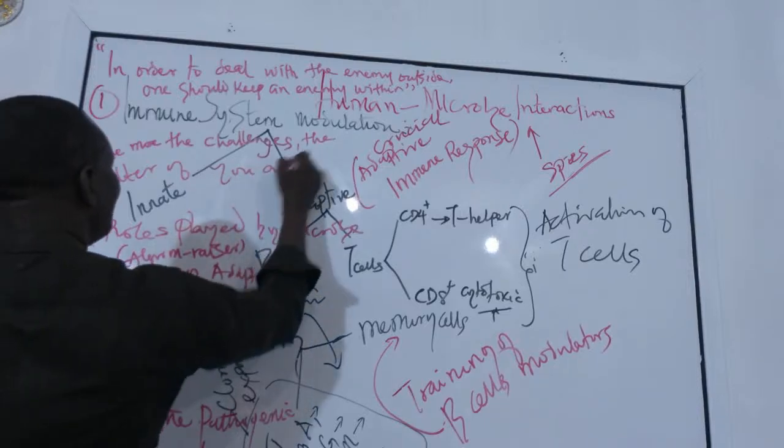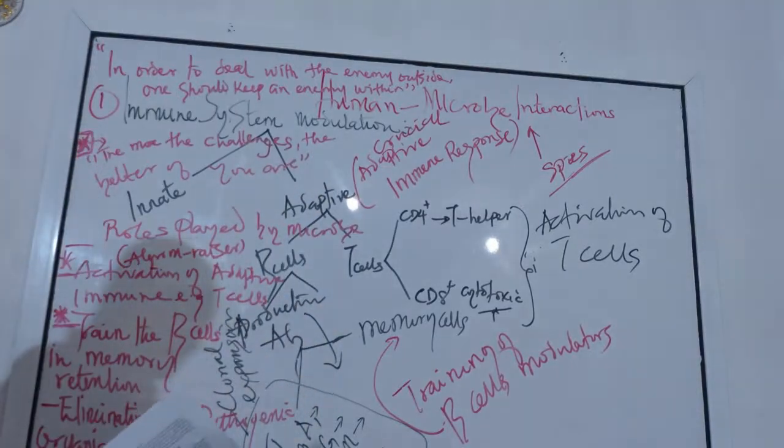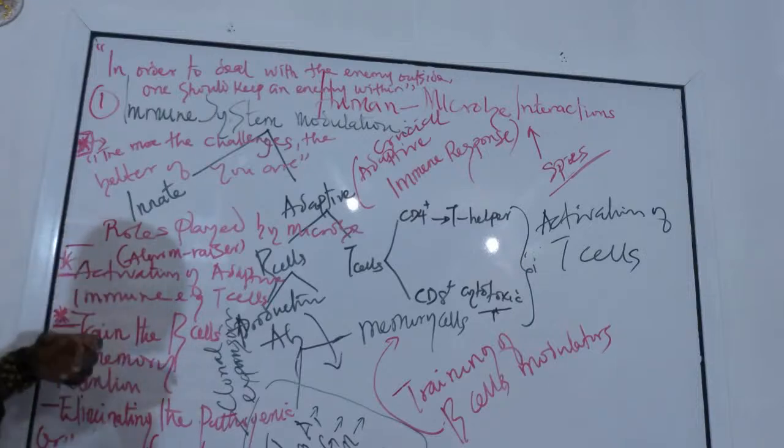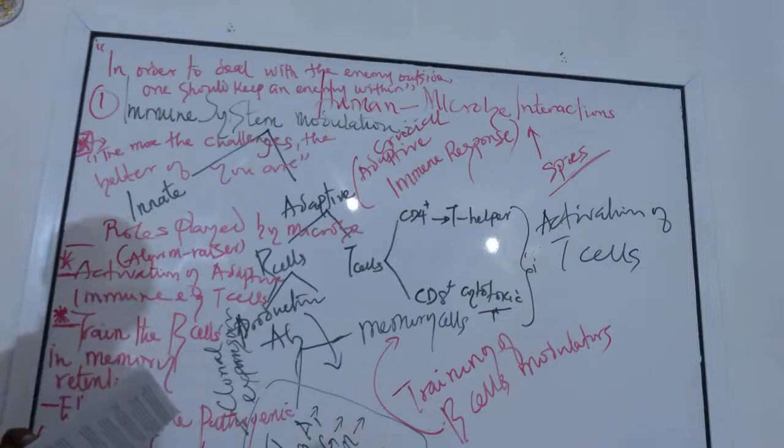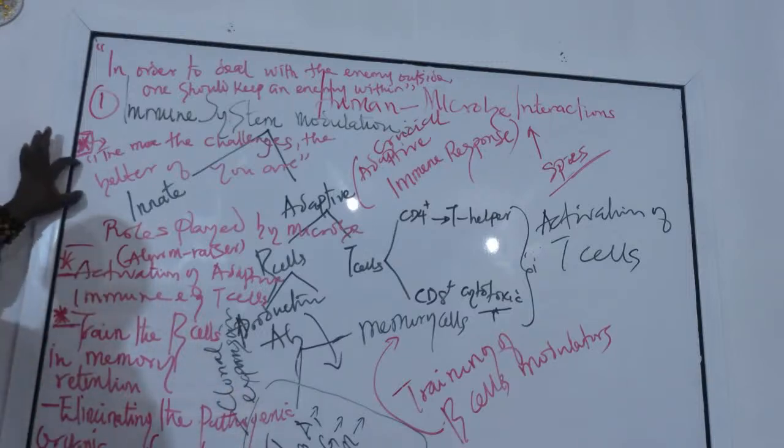The more enemies you have to deal with, the more experienced you become, the more information will be at your disposal, and the more your capability and capacity will be built to take care of that.